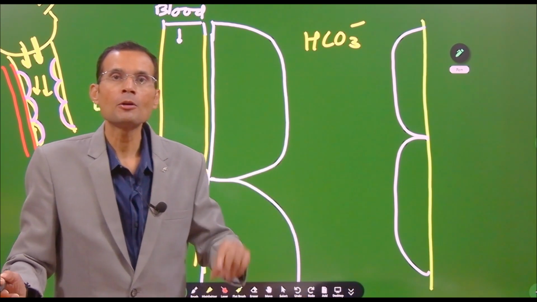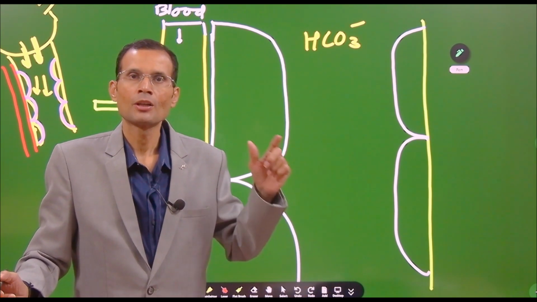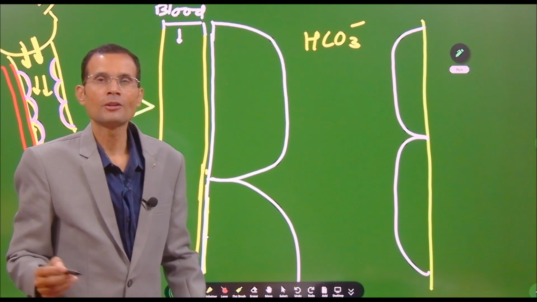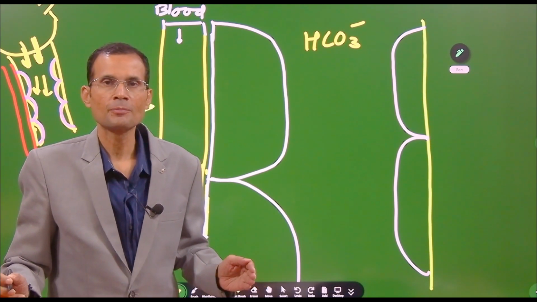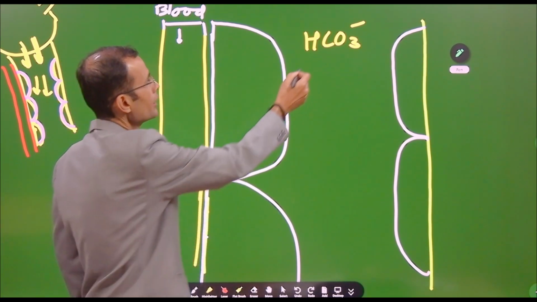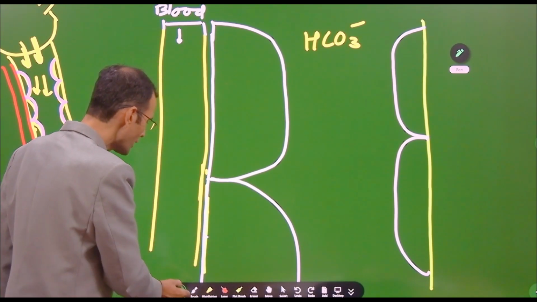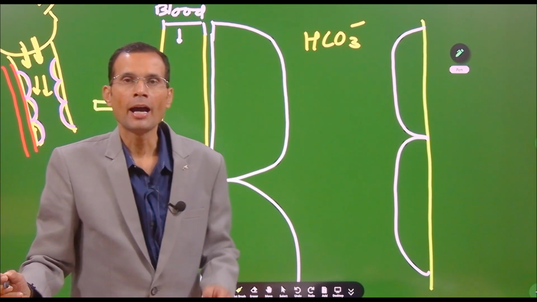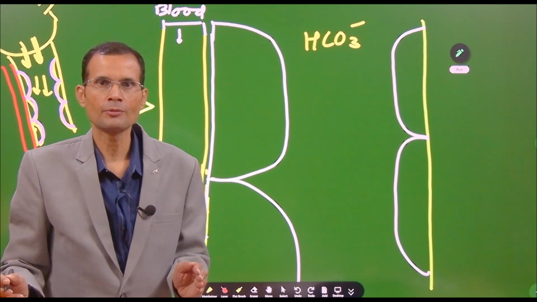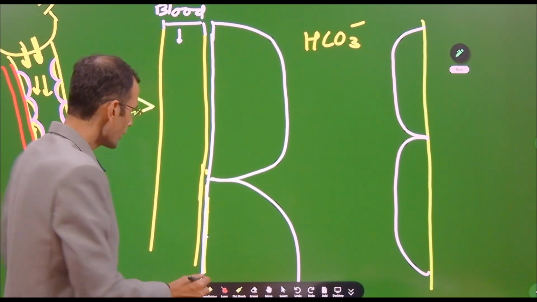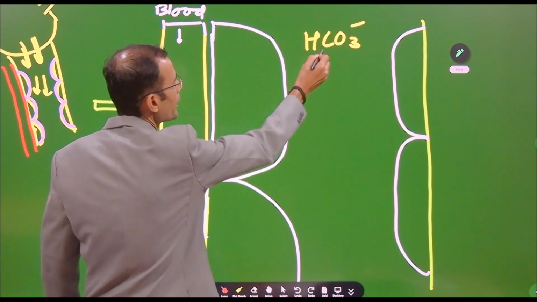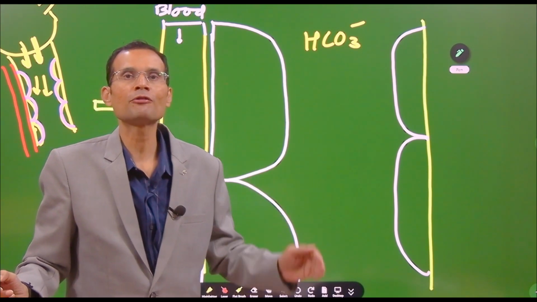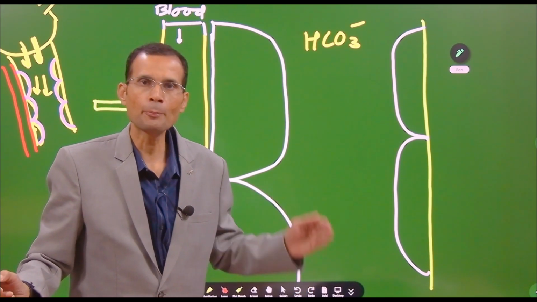Non-ionic forms are more diffusible. So reabsorption of this bicarbonate would not be easy, because being ionic and therefore less diffusible, it cannot be easily reabsorbed. And therefore, the first event in this entire process is that this bicarbonate should be somehow converted into the non-ionic form.